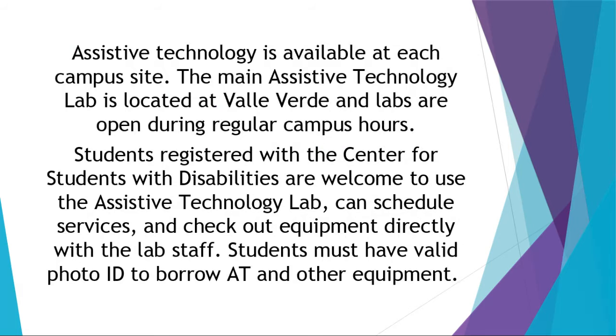The main assistive technology lab is located at the Valle Verde campus, and the labs are open during regular campus hours. Students registered with the Center for Students with Disabilities are welcome to use the assistive technology lab. They can schedule services and training and check out equipment directly with the lab staff. The student must have a valid photo ID to borrow any of the equipment.